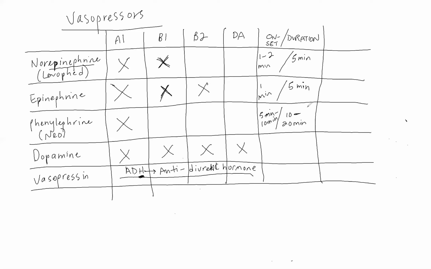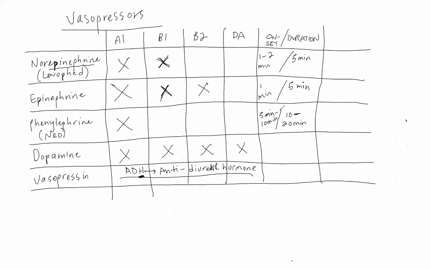The other thing to be very aware of when we talk about phenylephrine is look at this onset, okay? This 5 to 10 minute onset. I can't tell you how many times I have heard throughout the course of my career in critical care environments, I need somebody to get me an emergent bag of phenylephrine.